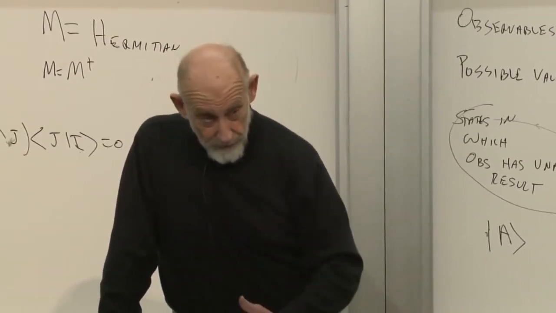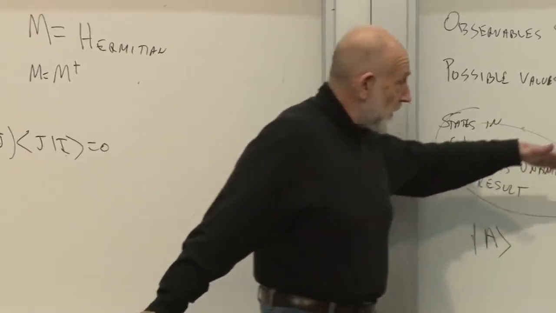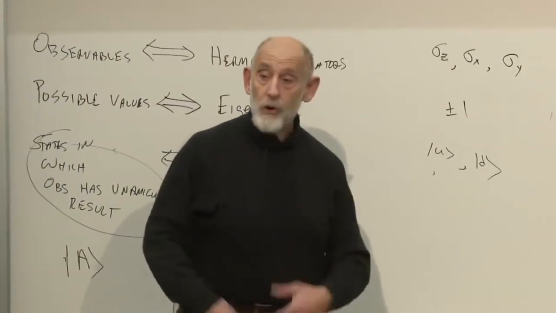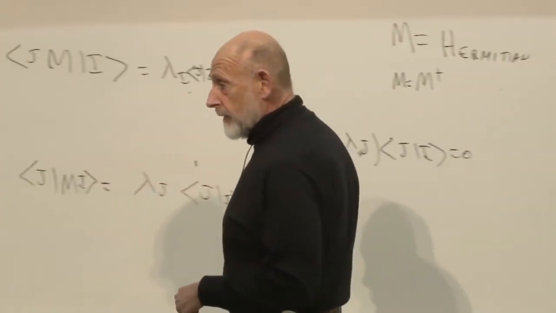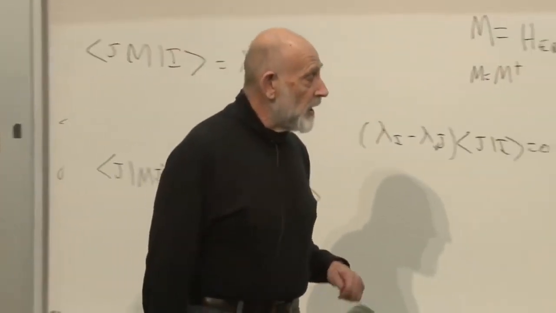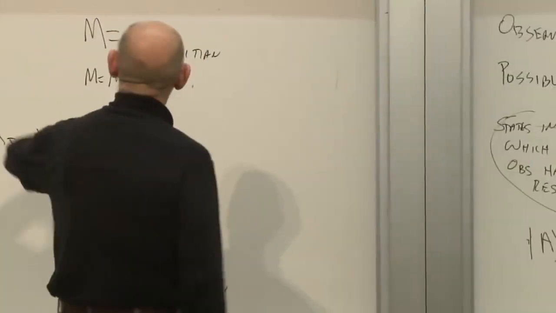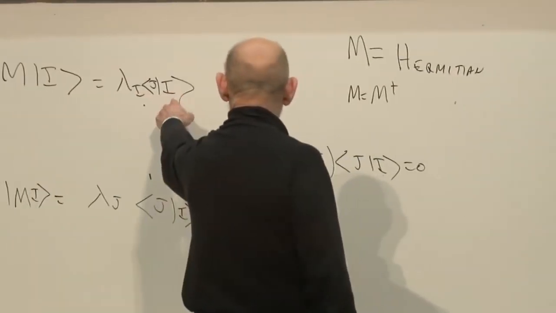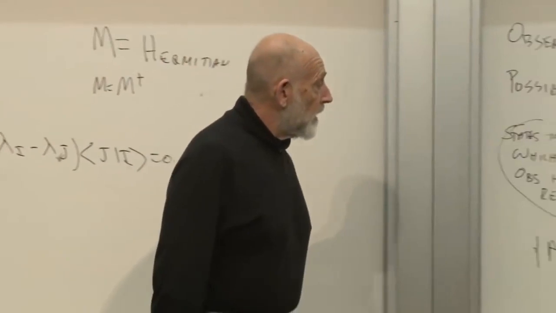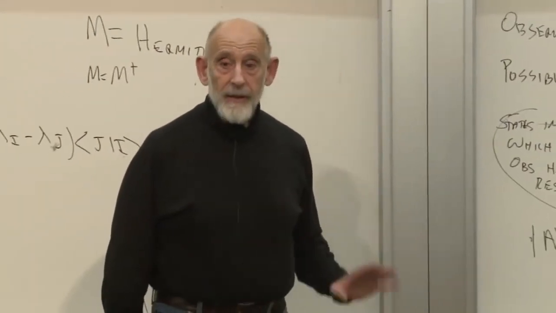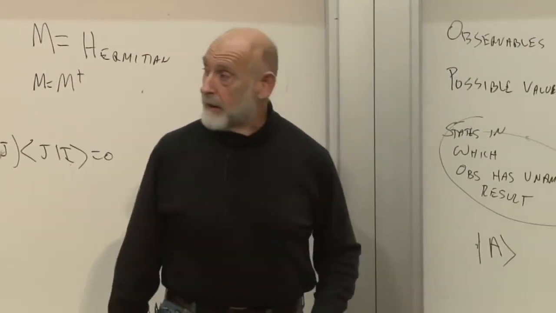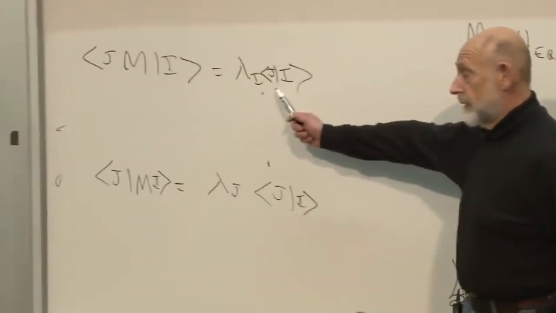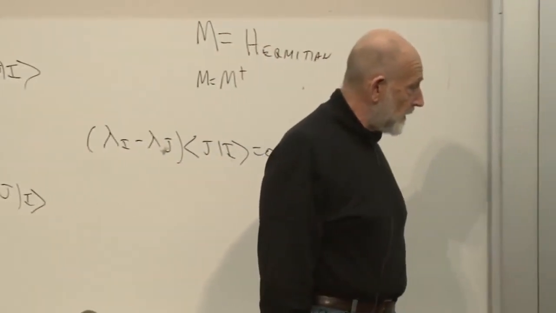In this case they would be +1 and -1, but more generally there may be 1,000 or 1,000,000 eigenvalues, labeled by the label I. What is the probability that when you measure M, you get lambda I? That's the last piece here.